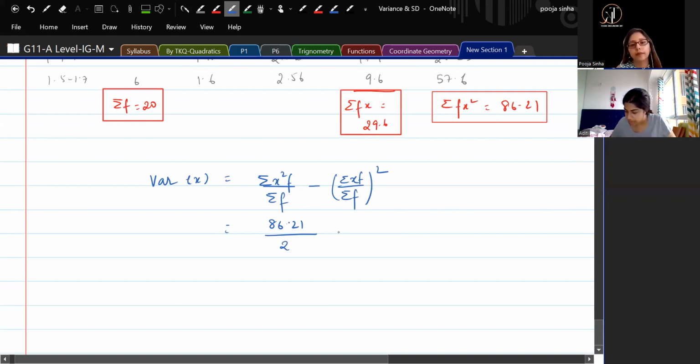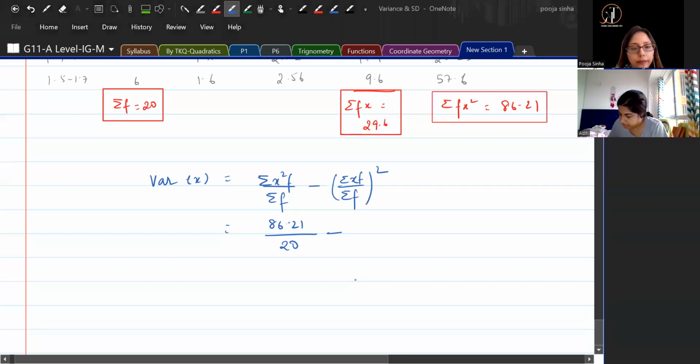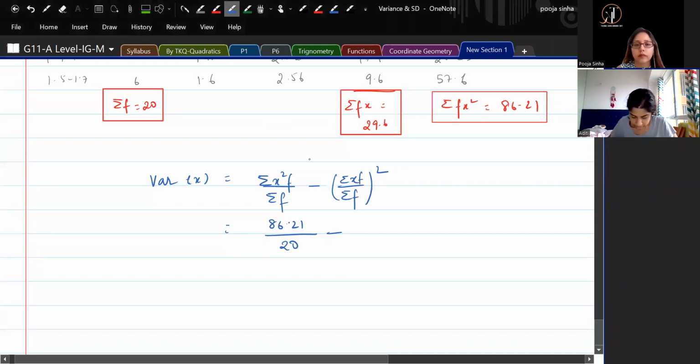I'll be getting it as 43.97 divided by frequency, which is 20. Then minus sigma fx, which is 29.6 divided by 20, the whole square.